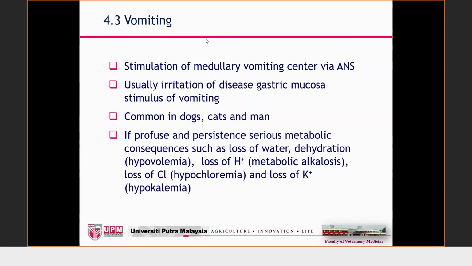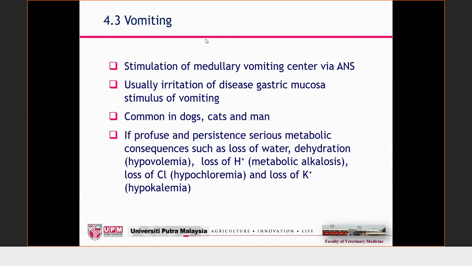One of the clinical signs also involved is vomiting. Okay, I think we have all experienced this. Usually vomiting is a result of irritation of the gastric mucosa, which stimulates the medullary vomiting center in the central nervous system. It is common in dogs, cats, and humans.